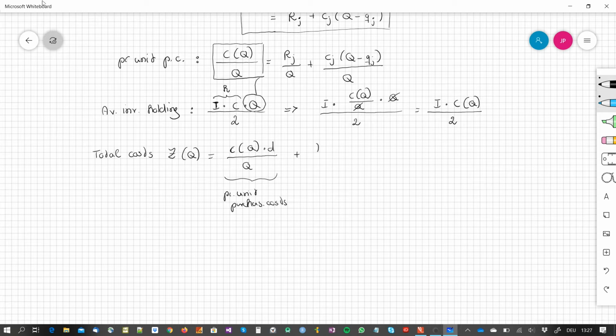Then we have the fixed ordering cost or setup cost, and the inventory holding costs.